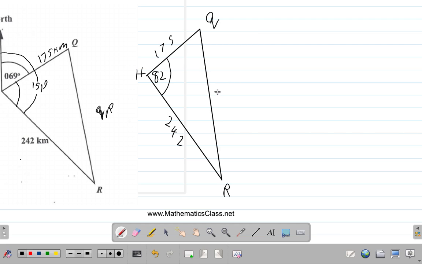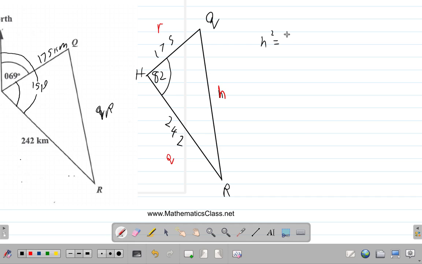If you use this as small h, h squared equals this side squared, 175 squared plus this side squared, or let me do it the next way. This is a small h, this is a small q, this is a small r. What does the cosine rule say?